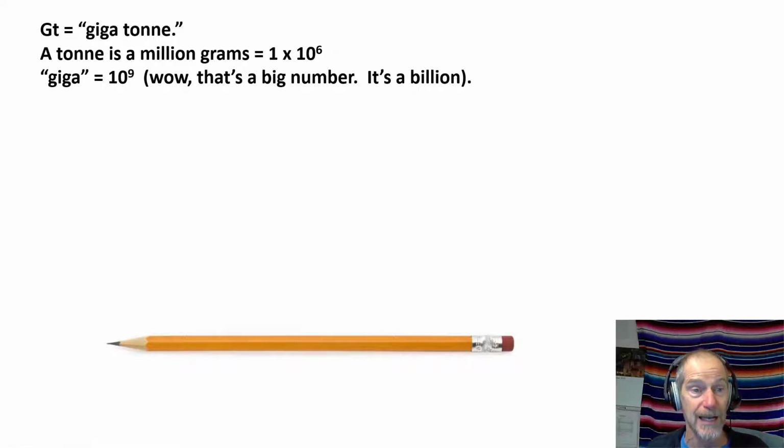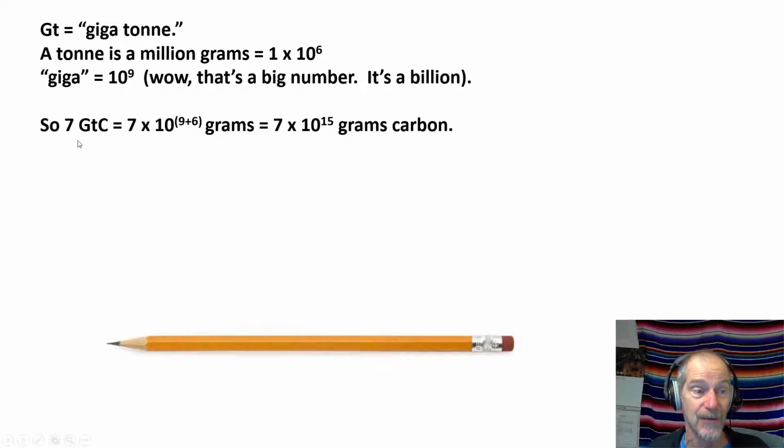I prefer to express it in scientific notation, and this is how I figure that out. 7 gigatons is 7 times 10 raised to the 9 for giga, plus 6 for million grams. So 9 plus 6, that's 7 times 10 to the 15 grams of carbon. Maybe I'm going a little too fast. If you're uncertain about scientific notation, pause the video and go through this and make sure I did that right. Make sure you understand how I did that.